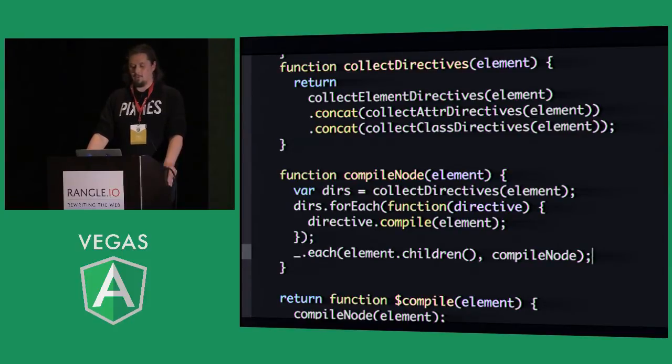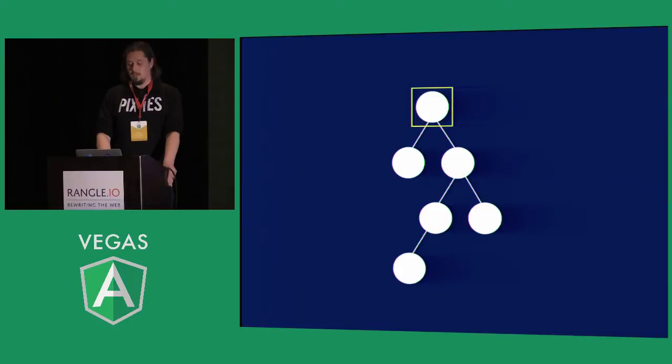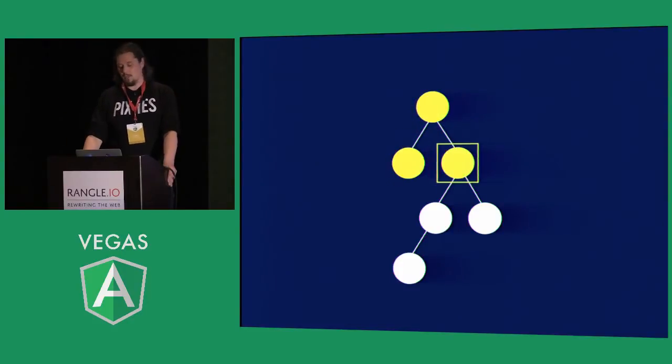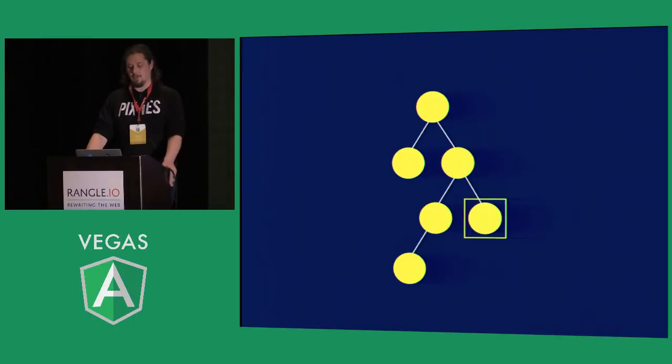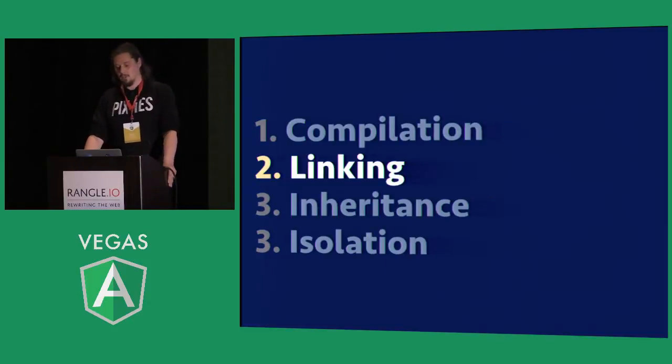So for each child node, the process of collecting directives and applying them begins again. And what we end up with is a depth-first tree traversal of the DOM tree, where we visit every node, collect directives, apply them, and move on to the first child. And when we're done with that whole tree, we have compiled the DOM. And that's how compilation happens.